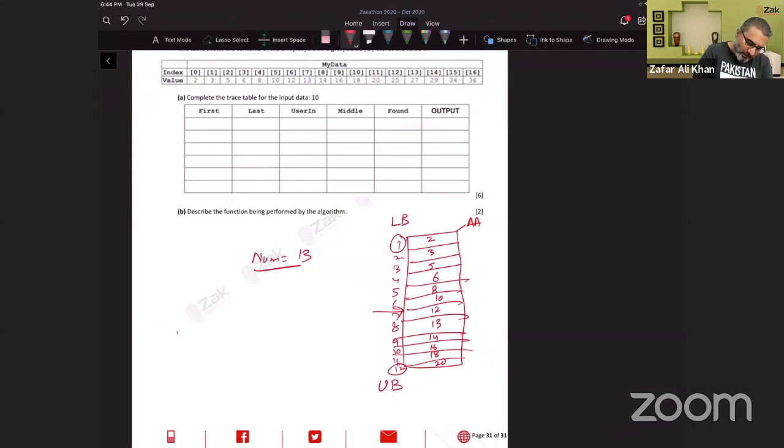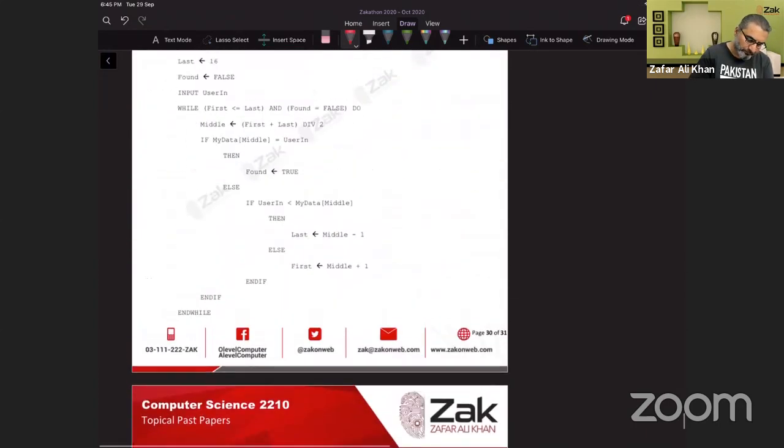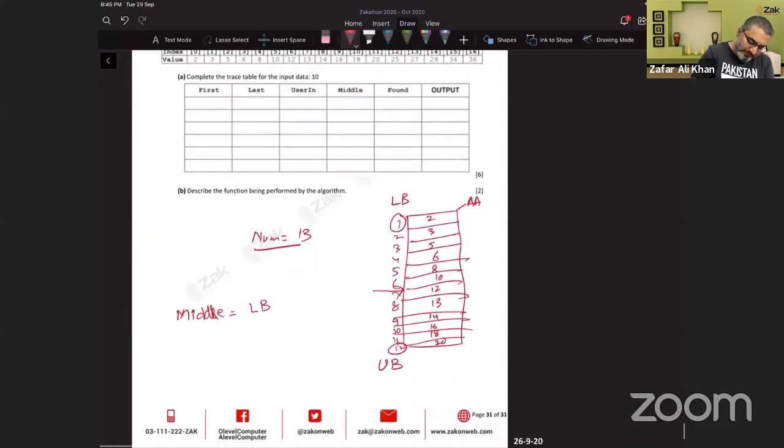So center or middle is equal to div of lower bound plus upper bound, comma 2.